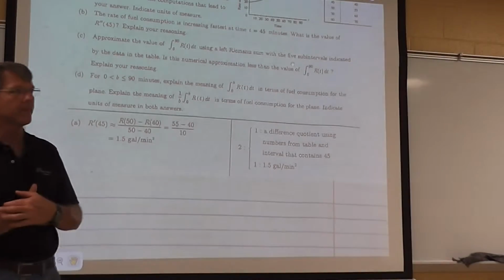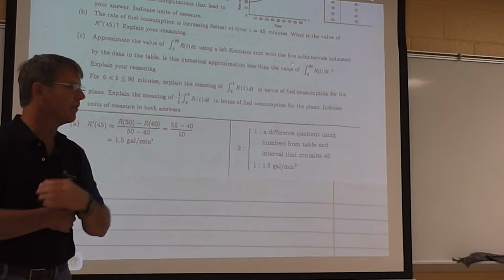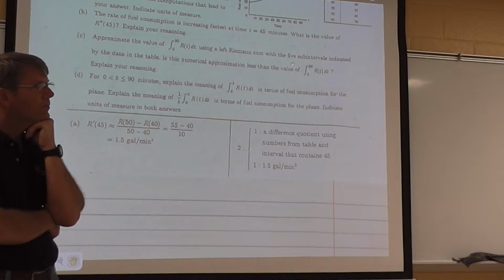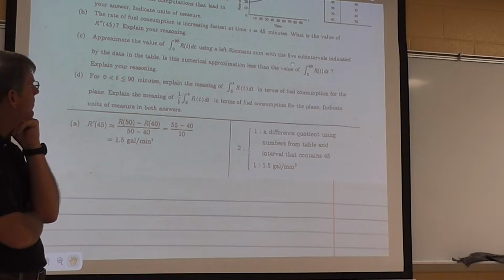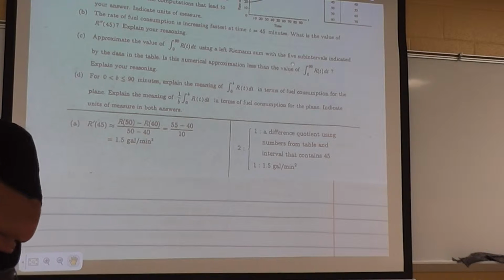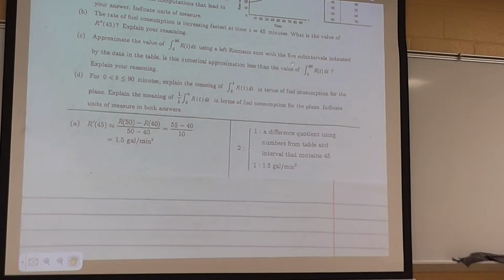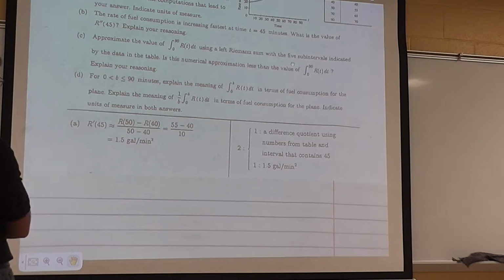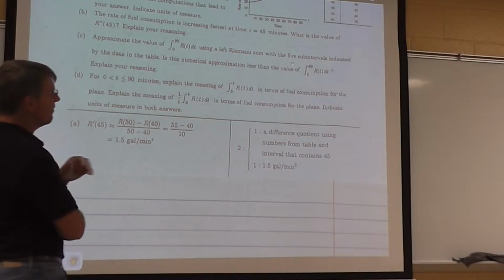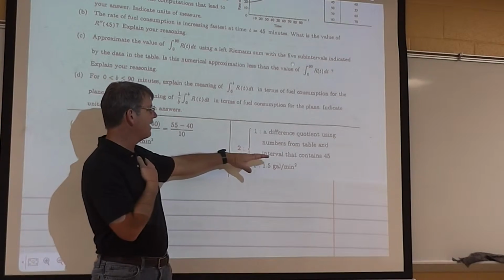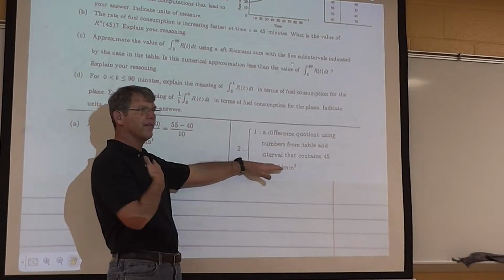What if, instead of 40 and 50, you did 30 and 70? Would they still count off for that? Yes, that'd still be okay, because it still contains 45, but it wouldn't be 1.5, so you'd lose the answer. It says a difference quotient using numbers from the table and an interval that contains 45.